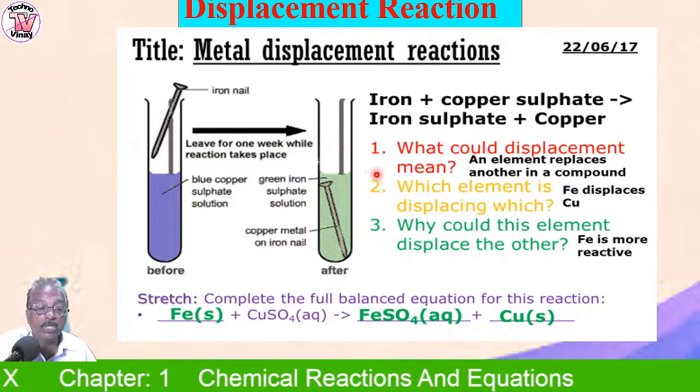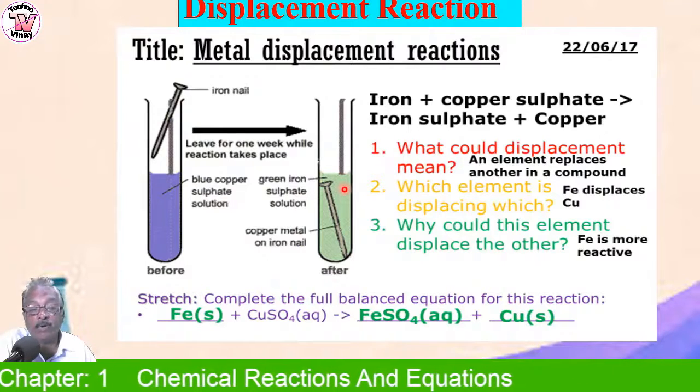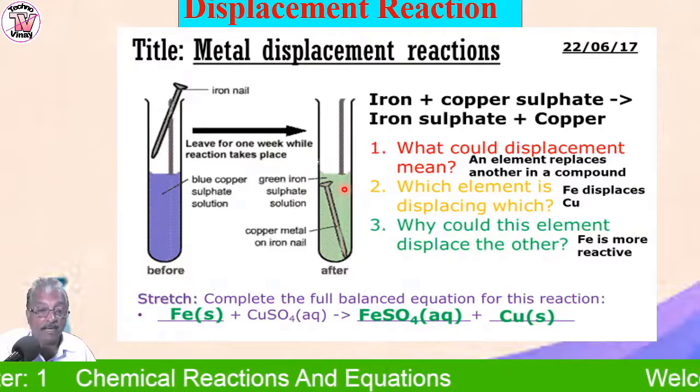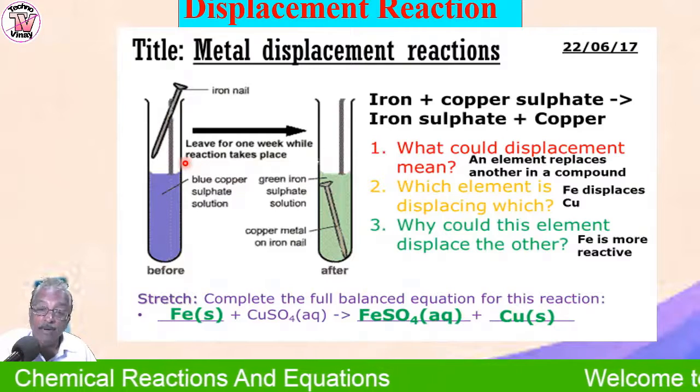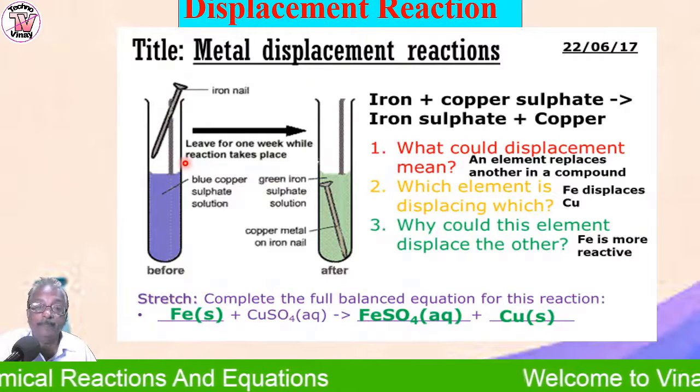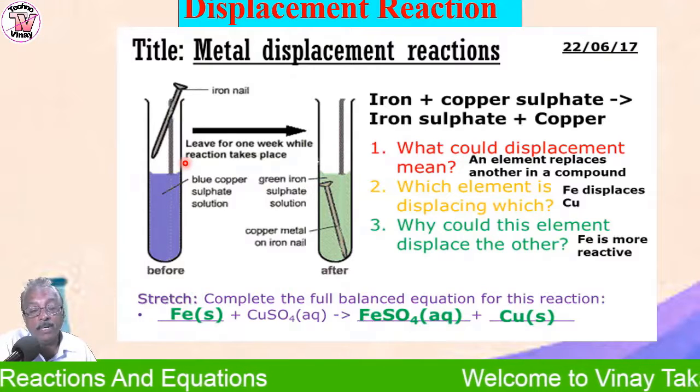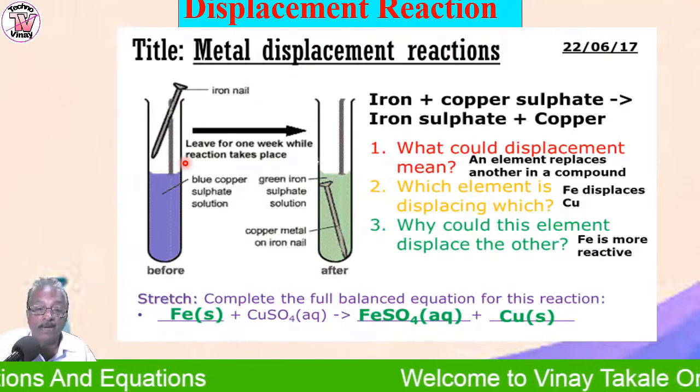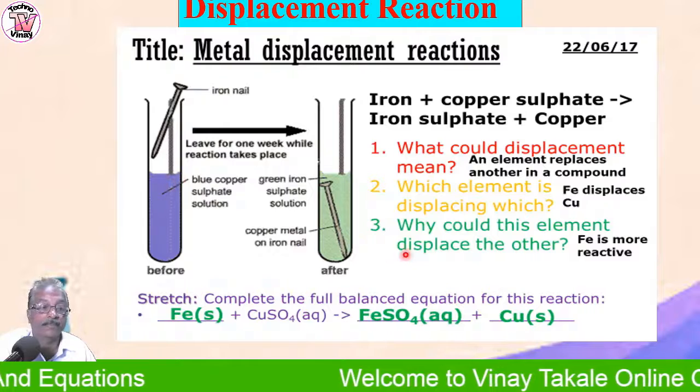The solution turns green only because of the formation of ferrous sulfate. Iron goes into solution and forms iron sulfate, that is ferrous sulfate.